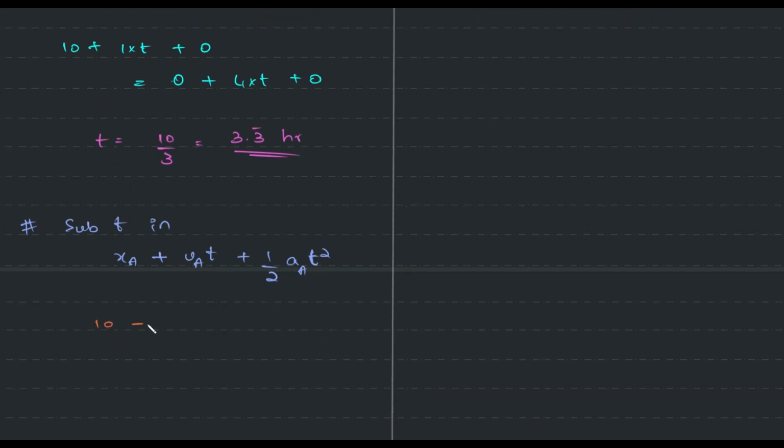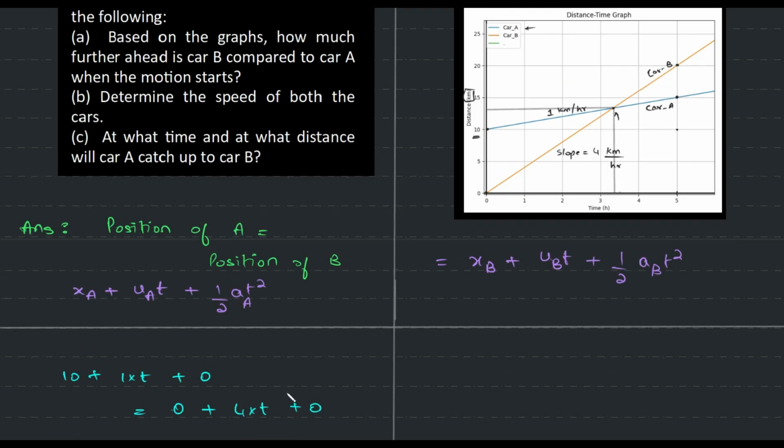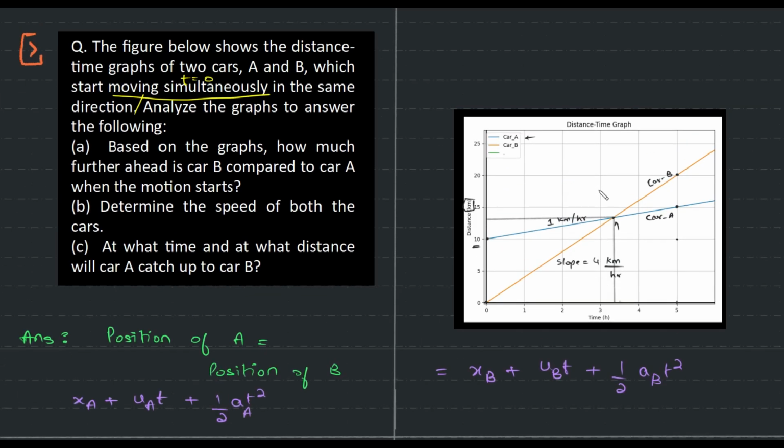So this is 10, this is 1 into 10 by 3, and this is 0. So this would be 40 by 3 kilometers, that would be 13.33 point odd. So yeah, we kind of got that. That's it, as simple as that.